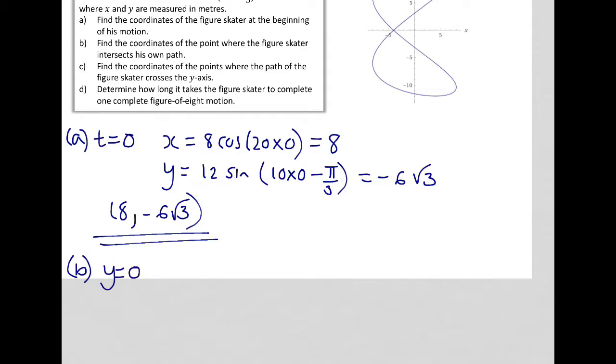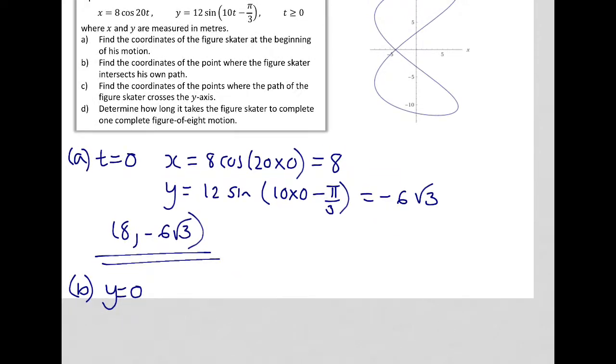And if I put that into my equation for y, which is up there, I get 12 sine of 10t minus pi over 3 equals 0.